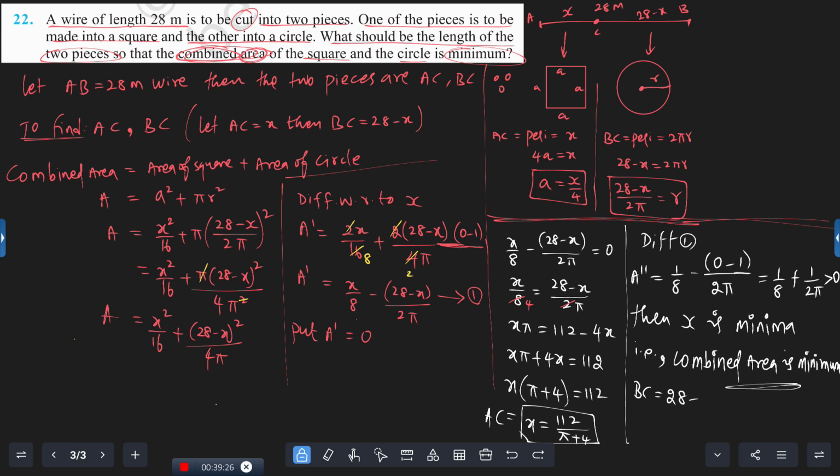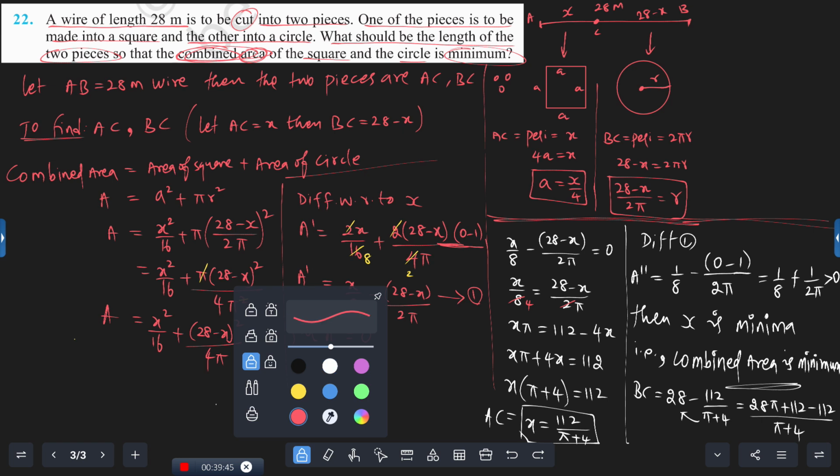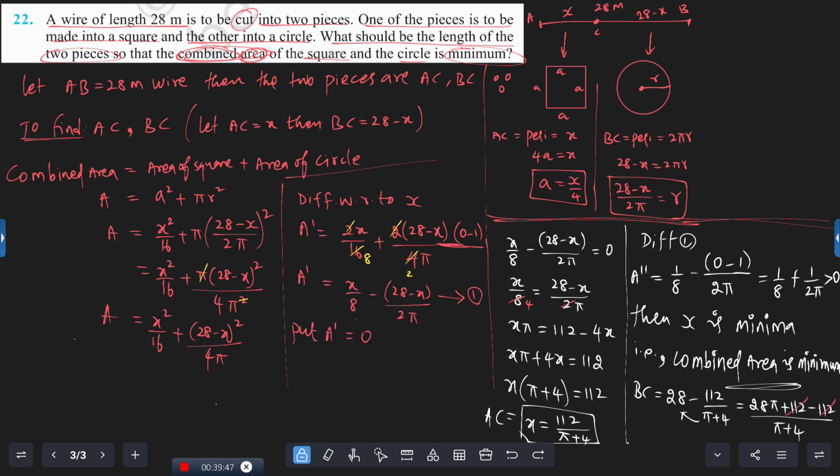The x value is 112 divided by pi plus 4. Take cross multiply. What I am getting: 28 into pi, 28 pi, 4 into 28, 112, minus 112, divided by pi plus 4. Plus 112 minus 112 cancel.